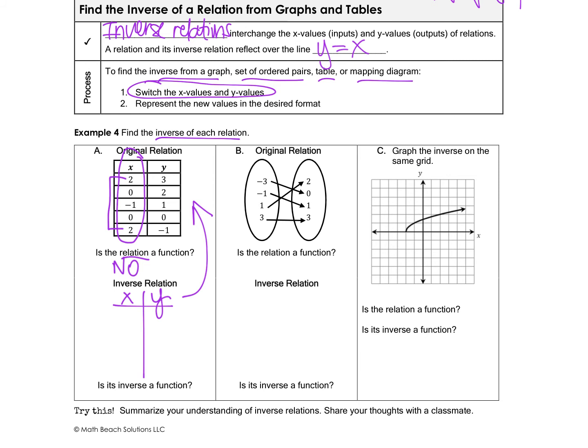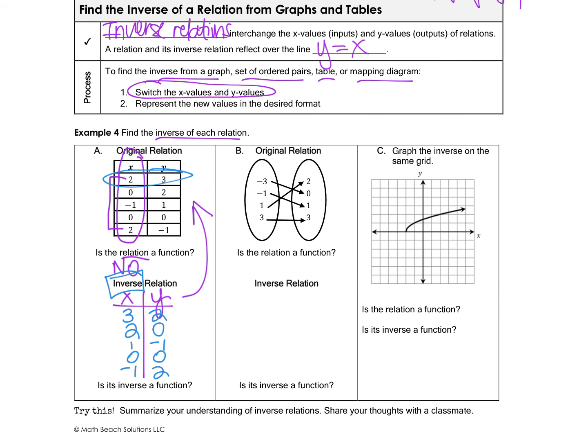So instead of this first point being 2, 3, we're going to switch it. It's going to be 3, 2. And switch the next one, 2, 0, 1, -1. 0, 0 actually stays the same. And then -1, 2. So all we're doing to find the inverse is switching your x and y values.